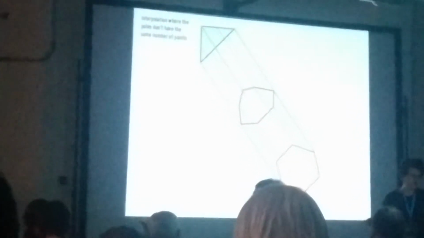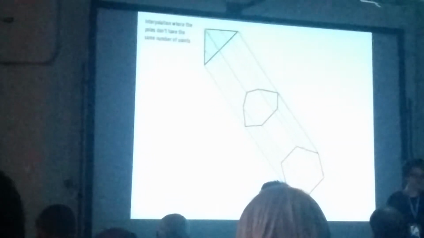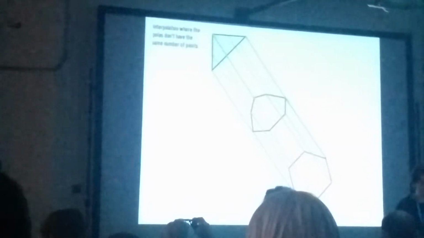As long as the 2 poles of the interpolation do not have the same number of points, which means either you set by hand an invisible point in the middle of a straight line, for instance, or you let the software decide where the extra points should be. But of course, smarter, you can decide by yourself where it should be.